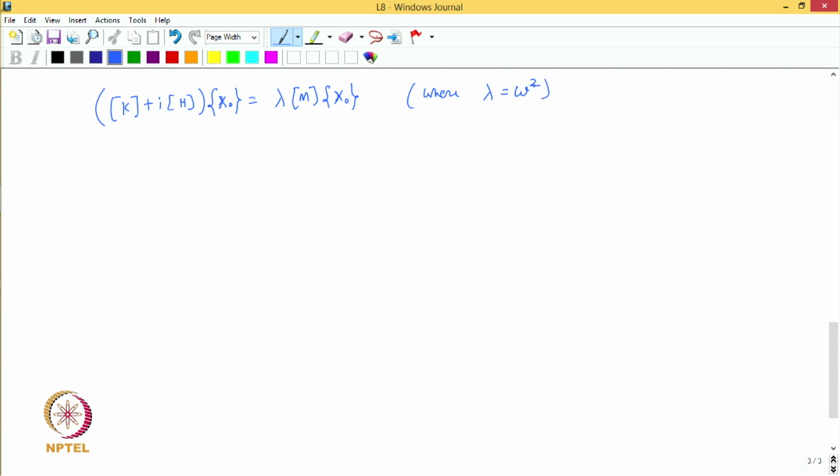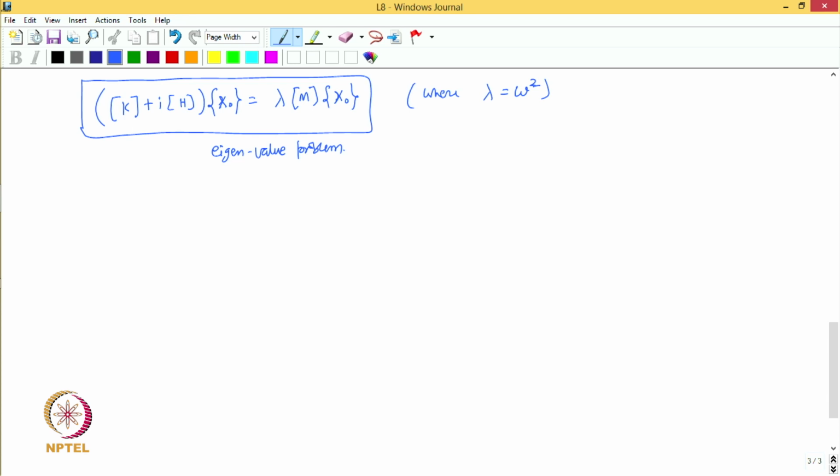So, this is something we are getting, and now this is in the form of a generalized eigenvalue problem, right. It represents an eigenvalue problem. Okay. So, if we solve this eigenvalue problem, then we can find eigenvalues and eigenvectors.